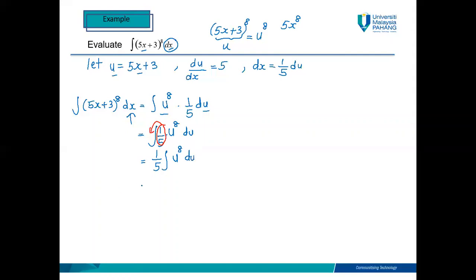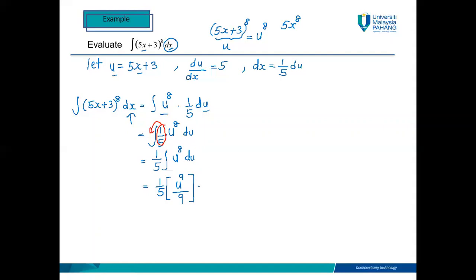Okay, so macam mana nak buat integration? You dah belajar last week. Okay, kuasa tambah 1 over kuasa tambah 1. Okay, so you kena pakai square bracket. Kuasa tambah 1, so u power of 9 over 9. Okay, that's all.